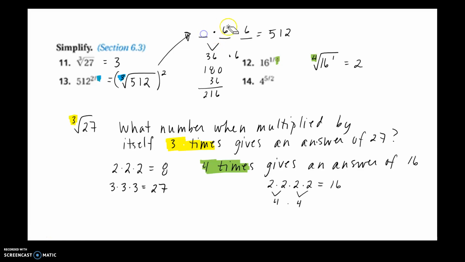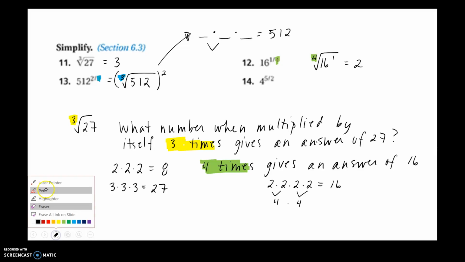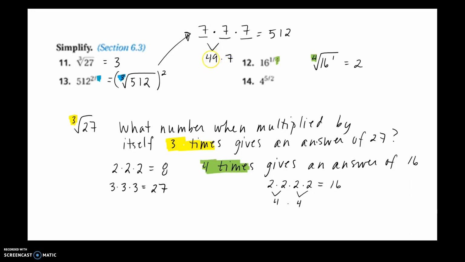That's not going to do it. All right, so 7 times 7 times 7, I get 49 times 7. 7 times 40 would give me 280. 7 times 9 is 63. So that's not going to work.